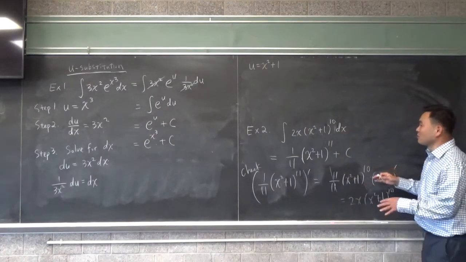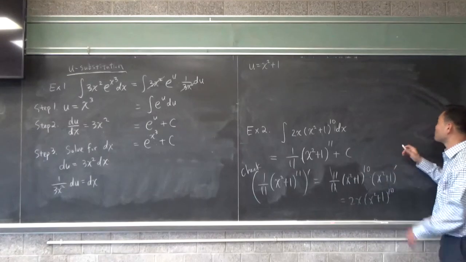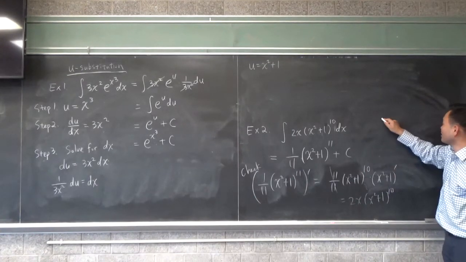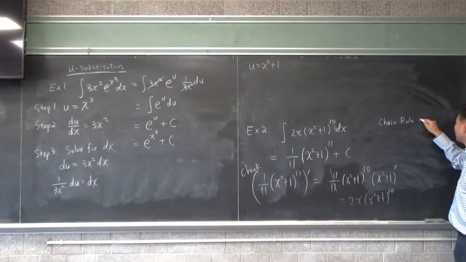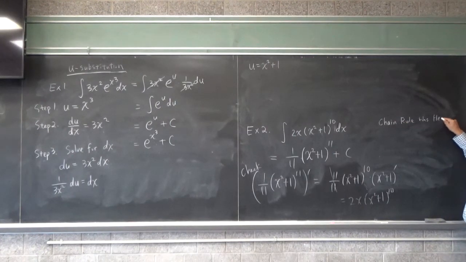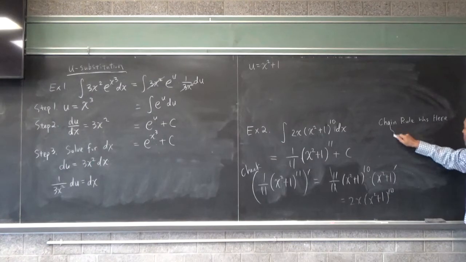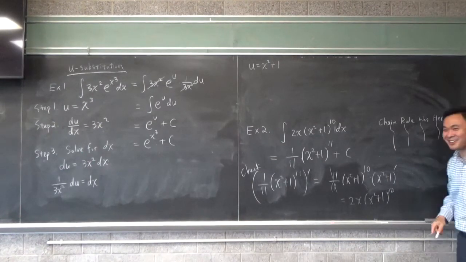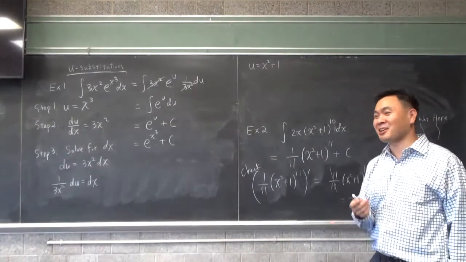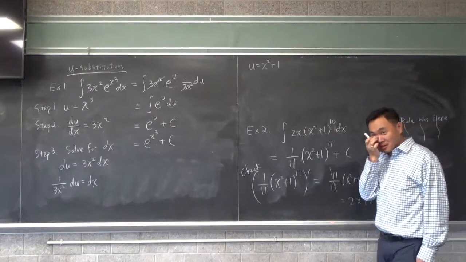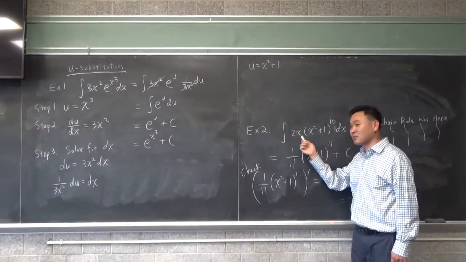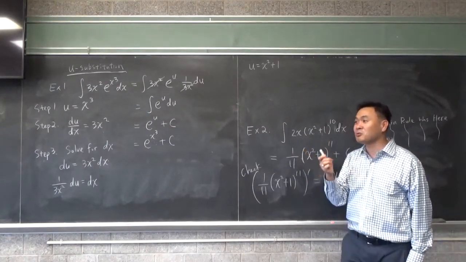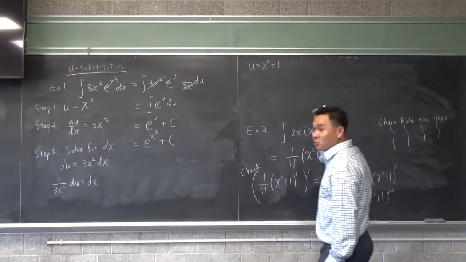Maybe you're at a crime scene and something is screaming at you saying, chain rule was here, like a calling card, like blood dripping. You know immediately that there's a chain rule in this scene, and this has to be the inside function. Once you get that, it's easy to see which one is the u.